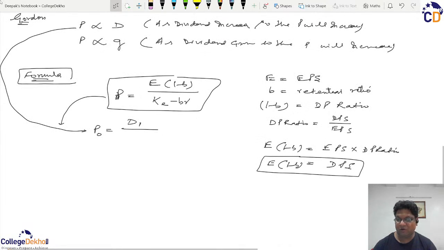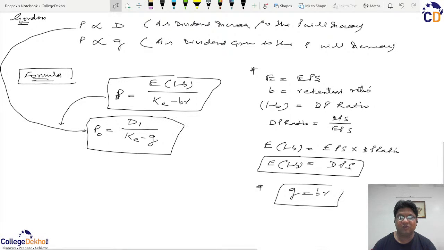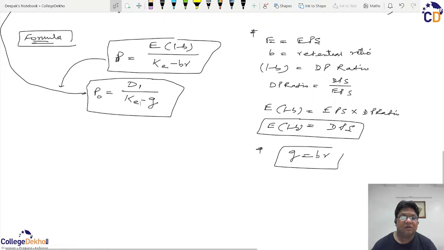Second important thing was that he has assumed that G was equal to BR. So if we change the figure here, then this is KE minus G. So the Gordon model can also be expressed in this format, where you will find that this denominator can be negative if G is more than KE.